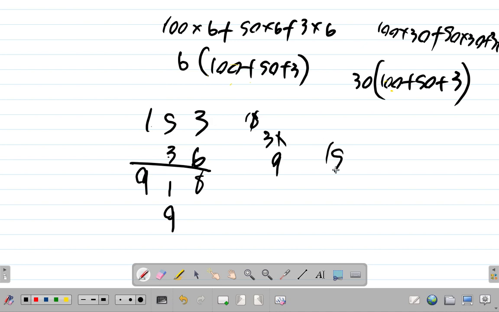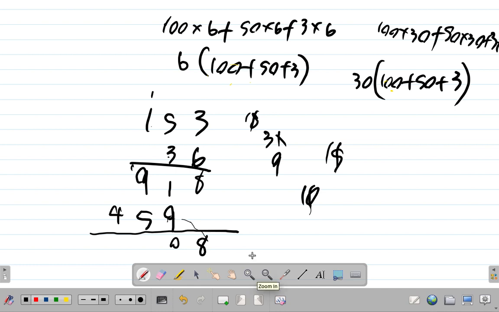3 times 5 is 15. Bring down the 5, carry this 1 over the 1. And you say 3 times 1 is 3 and 1 is 4. And when you add up everything, so 8. And then you say 9 and 1 is 10. Down the 0. Carry 1, right?